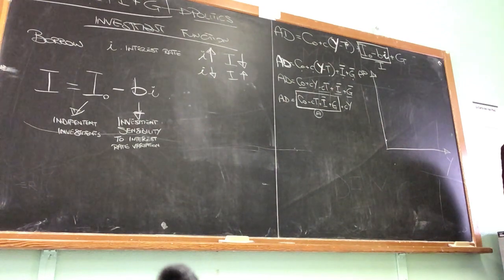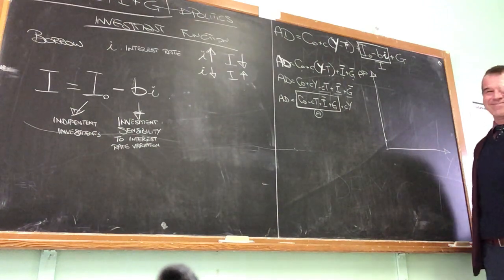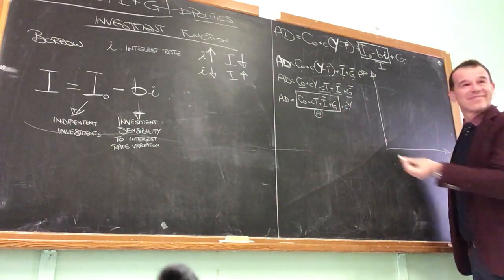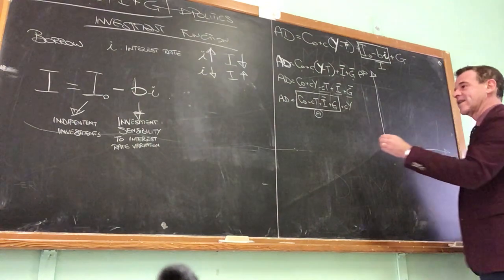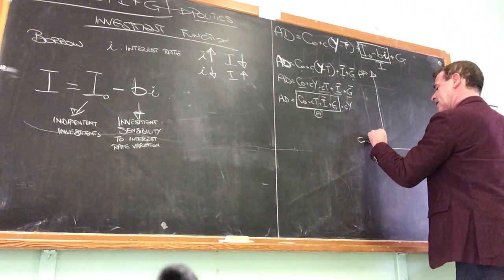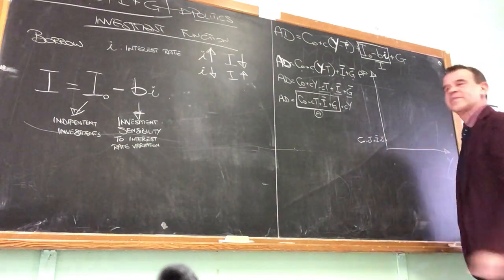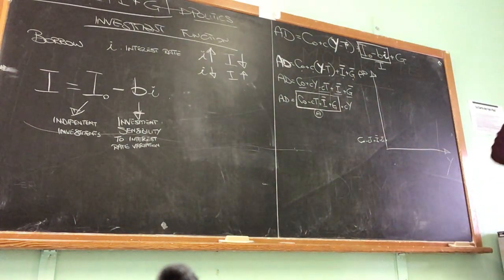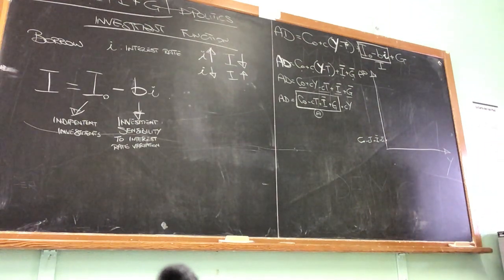What will it be? A. Okay? So C0 minus cT plus I plus G. What will be the slope of this straight line? Little c.